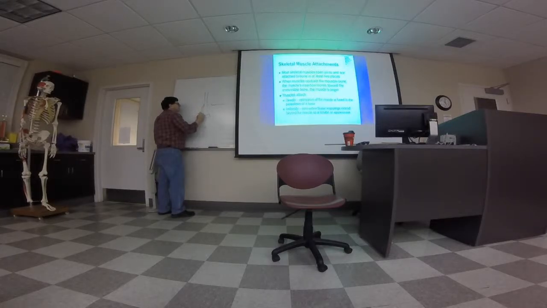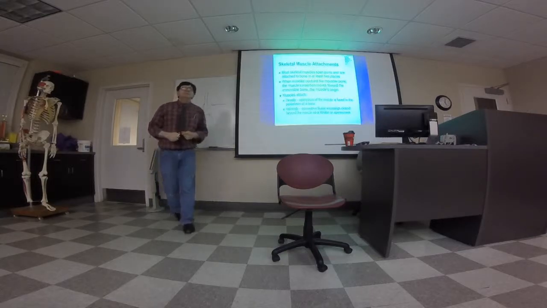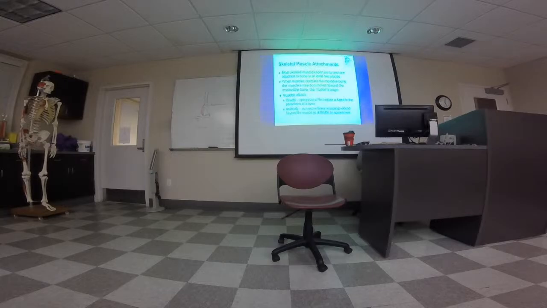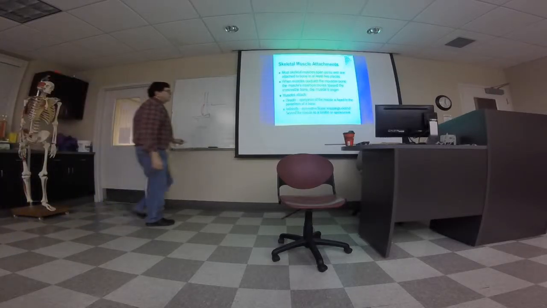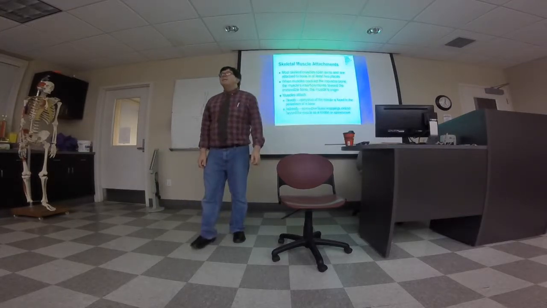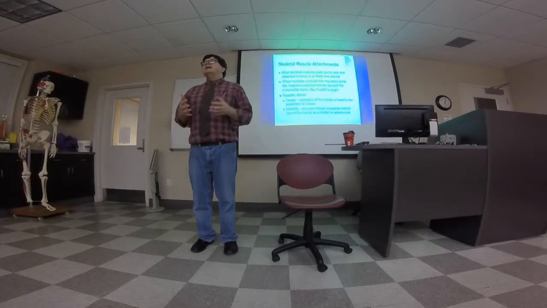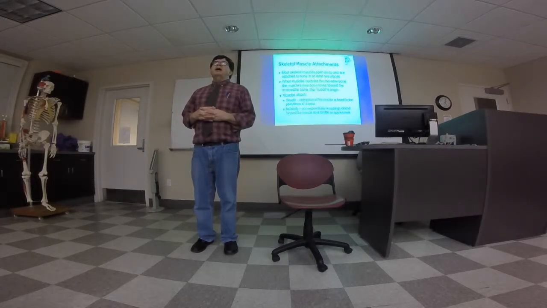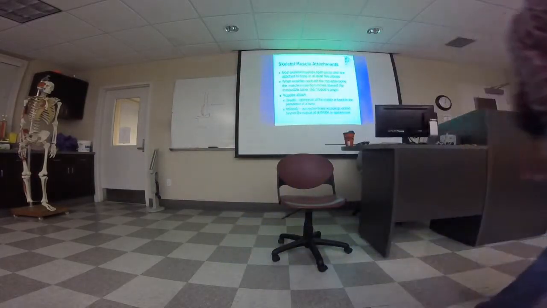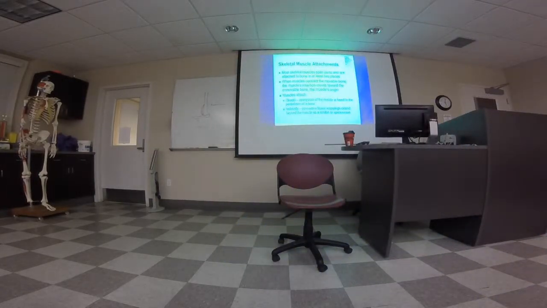So it attaches via a tendon, a bundle of dense regular connective tissue, at both sides, at its origin and at its insertion. So that's referred to as an indirect attachment. There are some muscles that attach directly to bone without the need for a tendon. That would be referred to as a direct attachment.